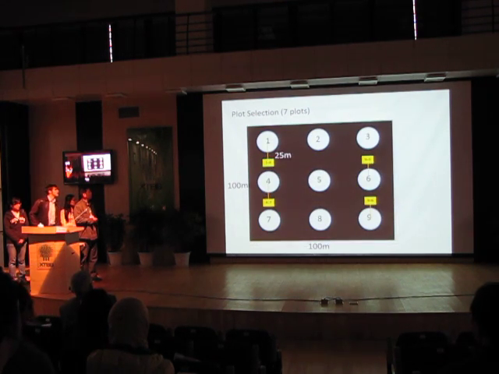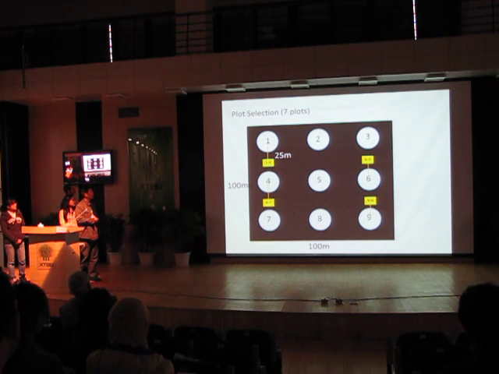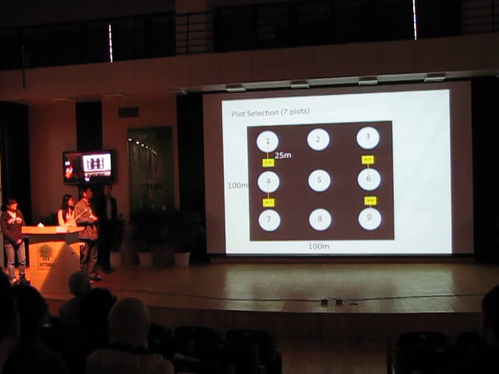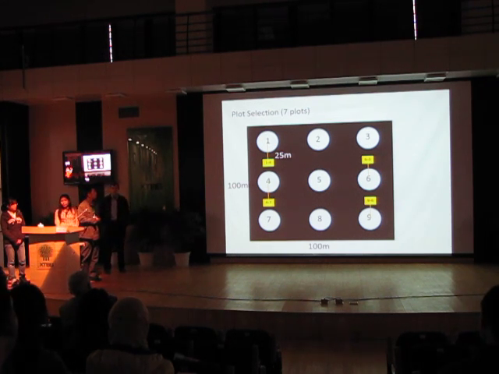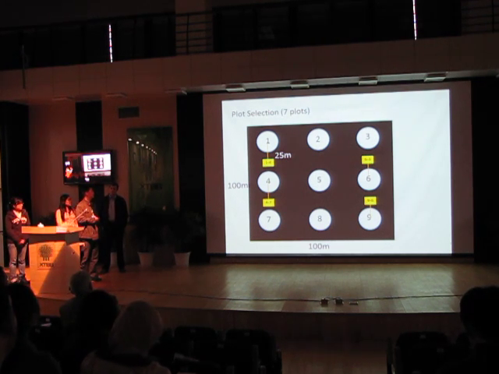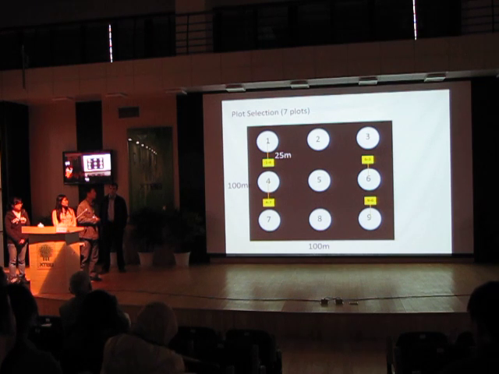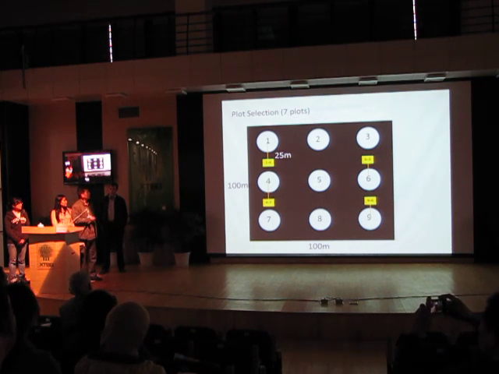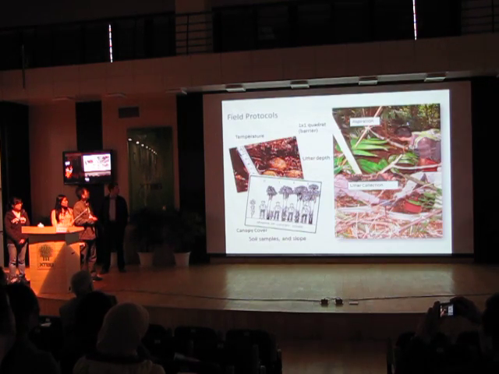To establish subplots, we travelled 25 meters to make each subplot. In each subplot we measured temperature, leaf depth, canopy cover, soil samples and slope.